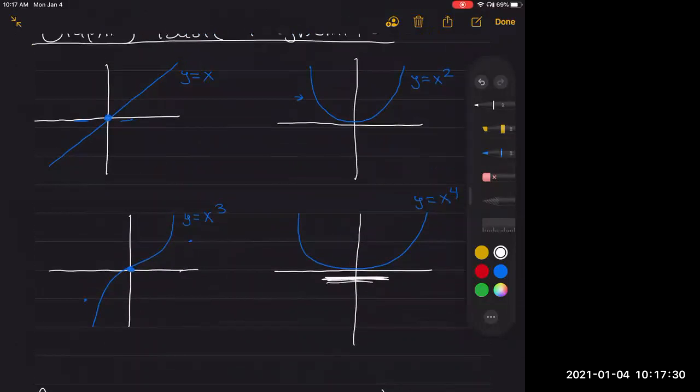So it's a little hard to tell with the graph drawn here, but after it hits 1, 1, this part of the graph, it's getting steeper faster than this part of the graph over here.